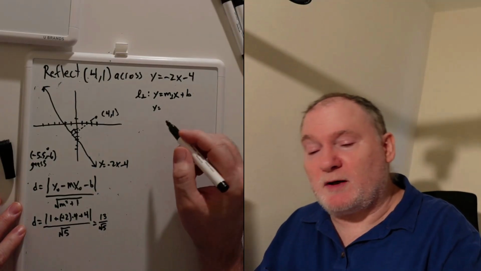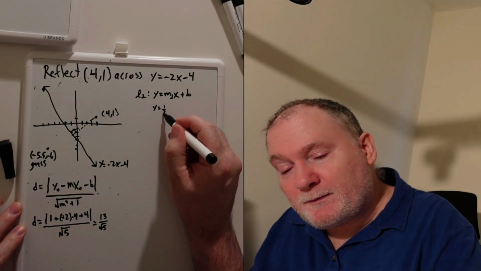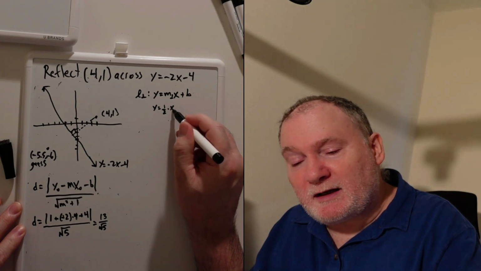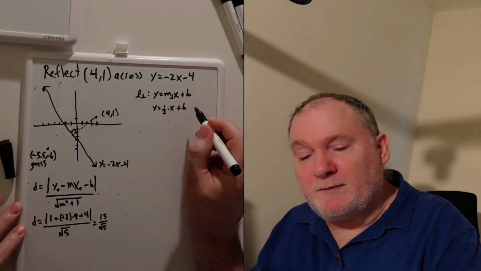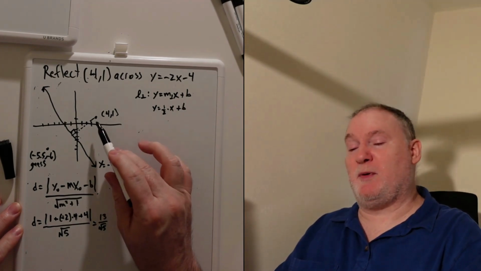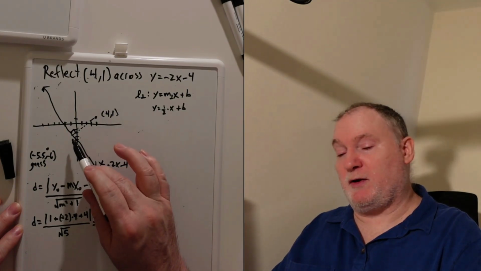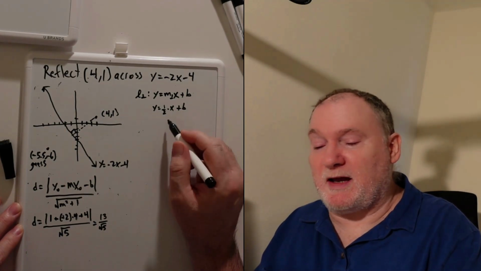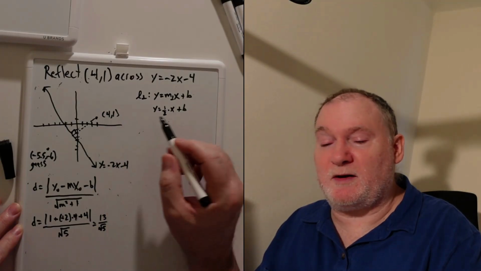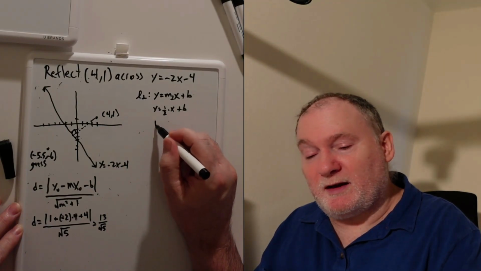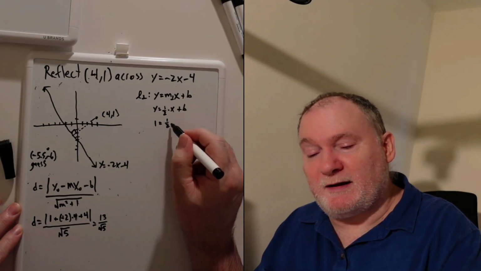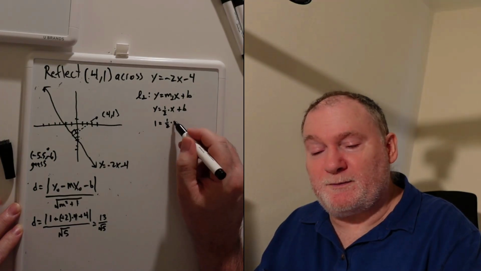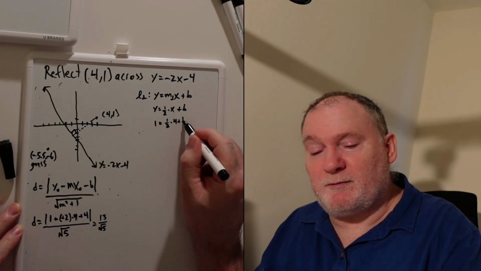So this will be a positive 1/2 times x plus b. I only have one point that's on this line because I don't know what this point is. So 4, 1 is the only point I have. So we'll put that in there. 4 is the x, 1 is the y. So y is 1. It's equal to 1/2 times x is 4 plus b.